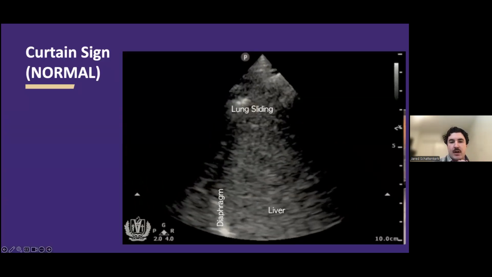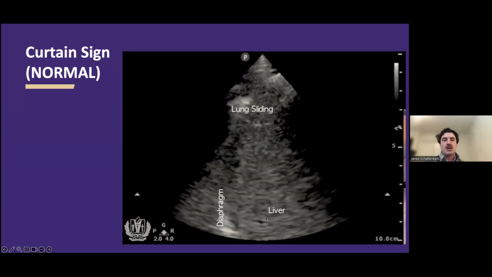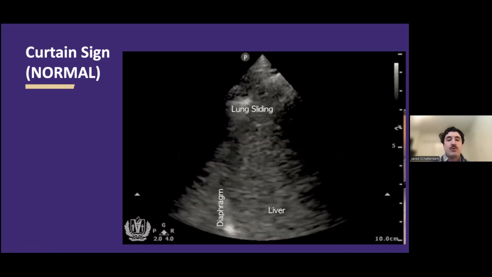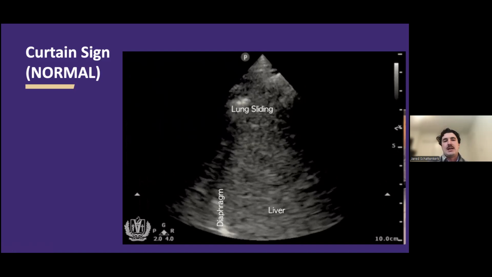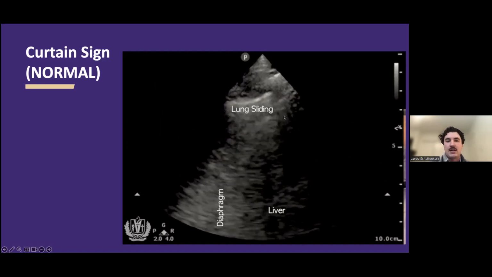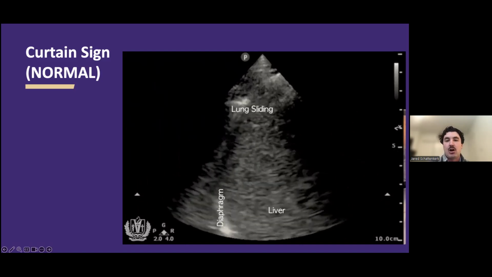And then this is a more dynamic representation of what the PLAPS point will look like. The diaphragm is moving with the respiratory cycle. As you take a deep breath in, the diaphragm moves down and pushes some of those abdominal organs down. So you'll get what's called a curtain sign.